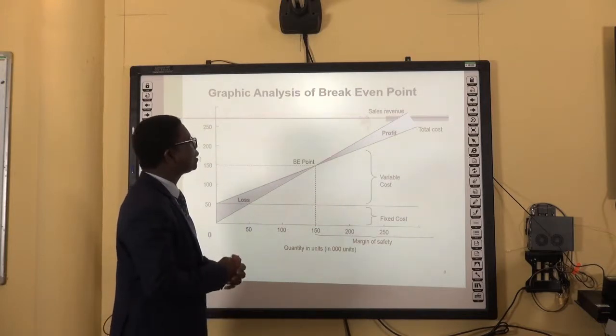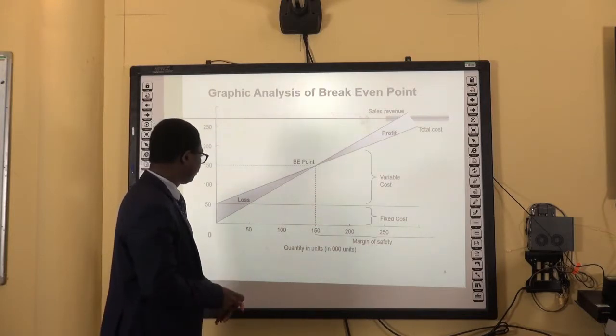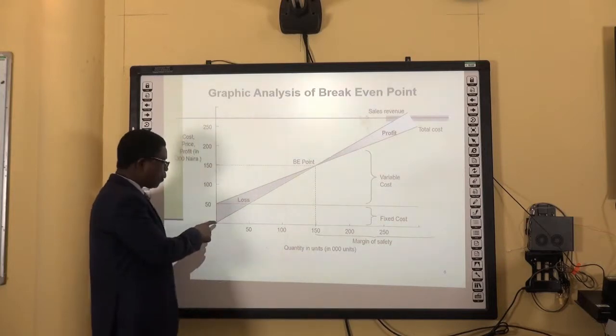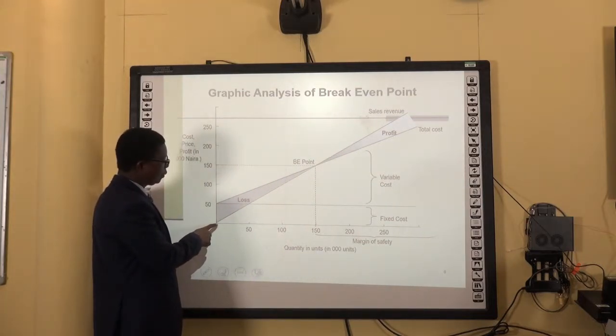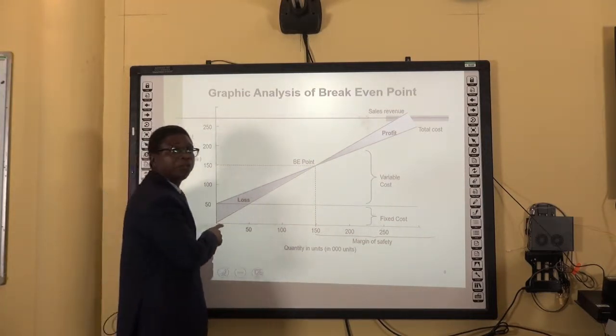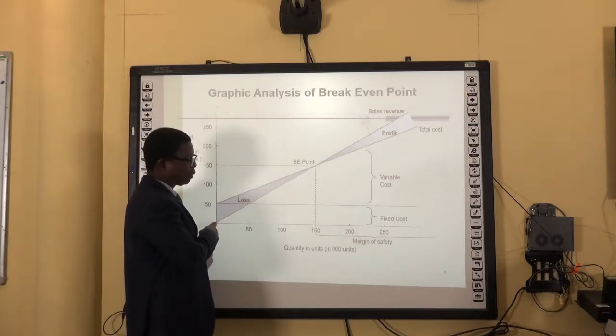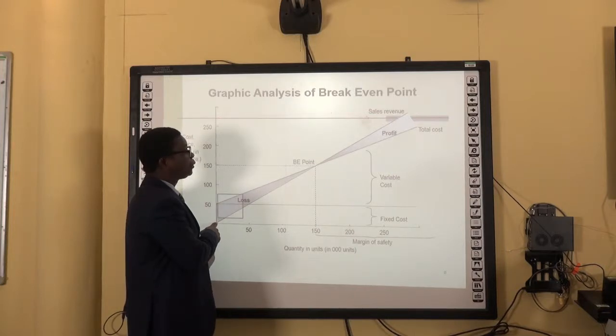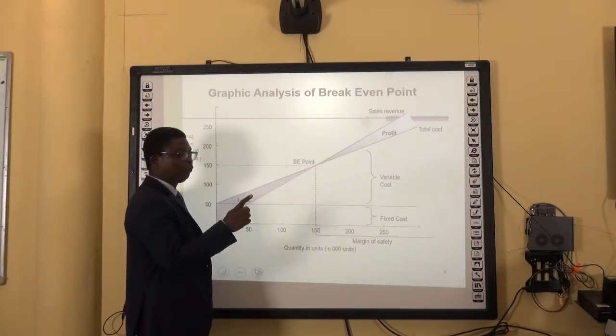If you look at this graph very carefully, at point zero, we are not producing anything at this point, but we are incurring fixed cost.